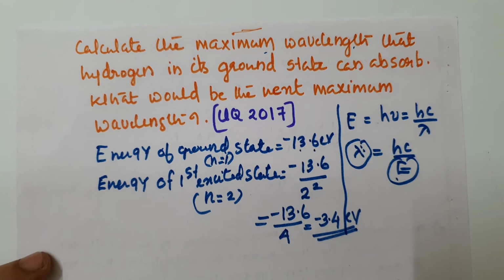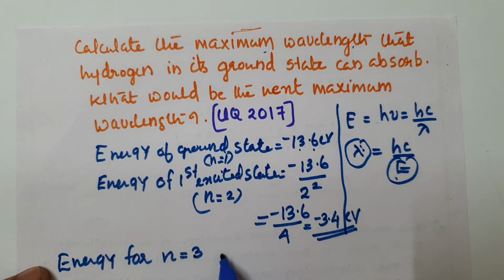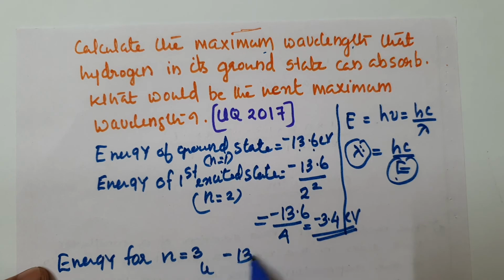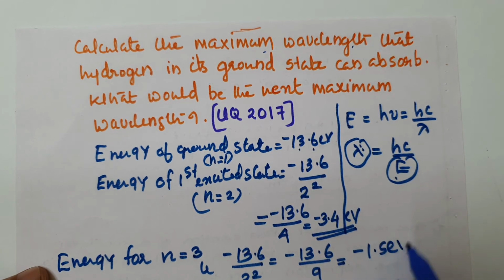And similarly, the energy for n is equal to 3 is minus 13.6 by 3 square, that is minus 13.6 by 9. It will give minus 1.5 eV.